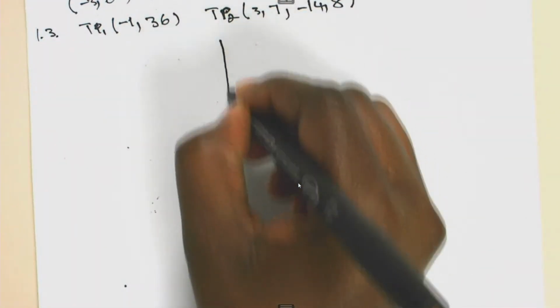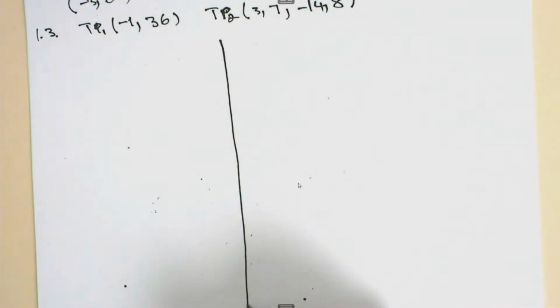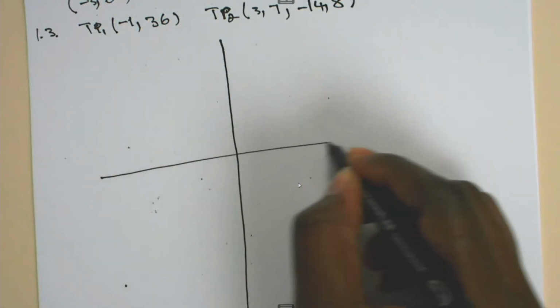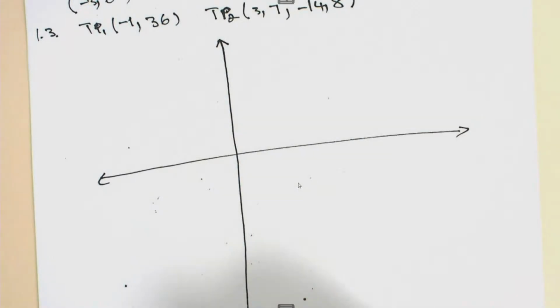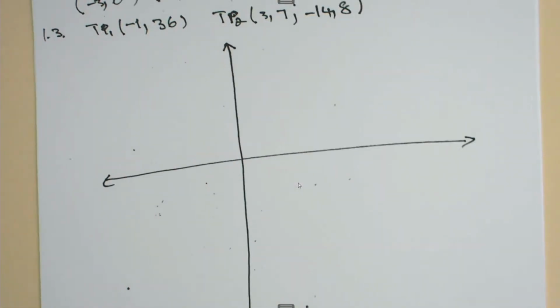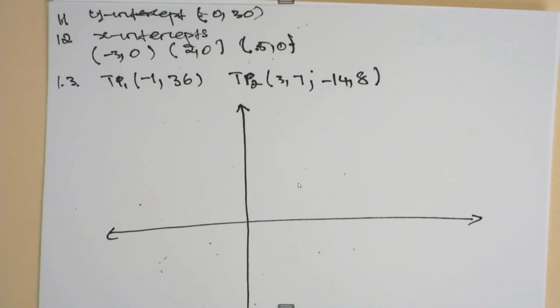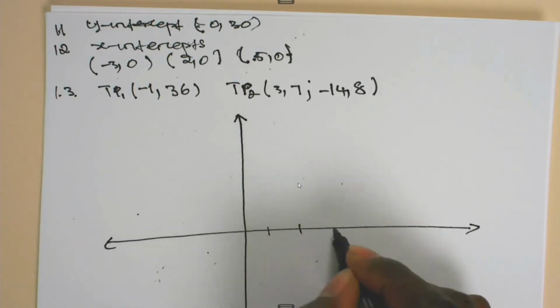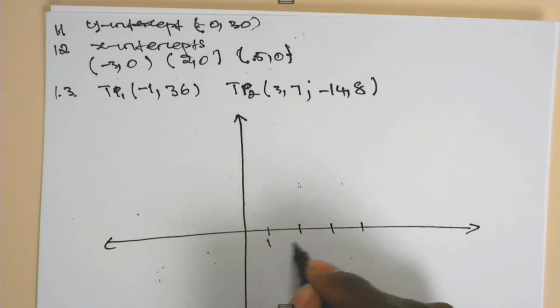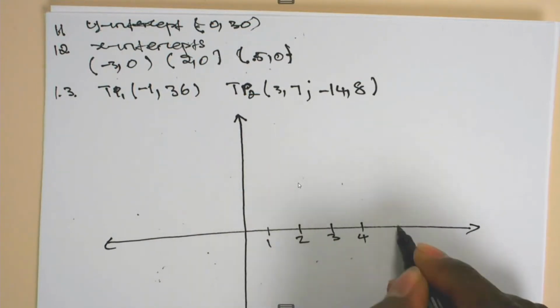Now we need to put this information on the graph. Remember, our graphs are not drawn to scale. But at the same time, everything should be clear. All right, now let us try to put this information on the graph. And then we have this. We have 1, 2, 3, 4. We have a 5.